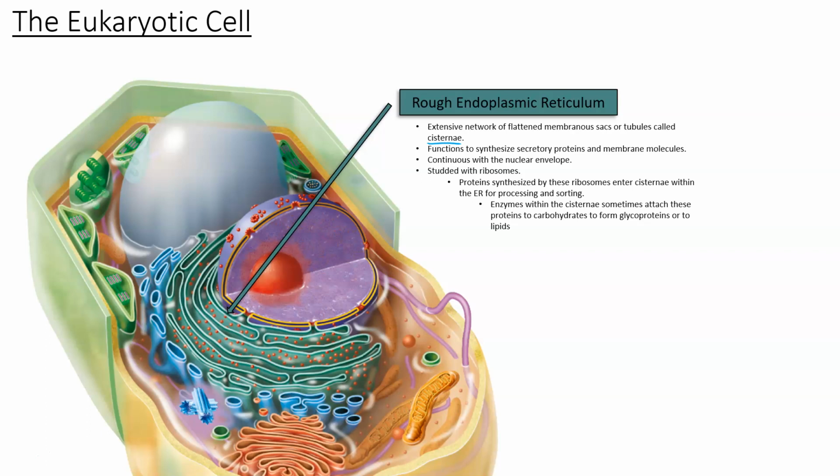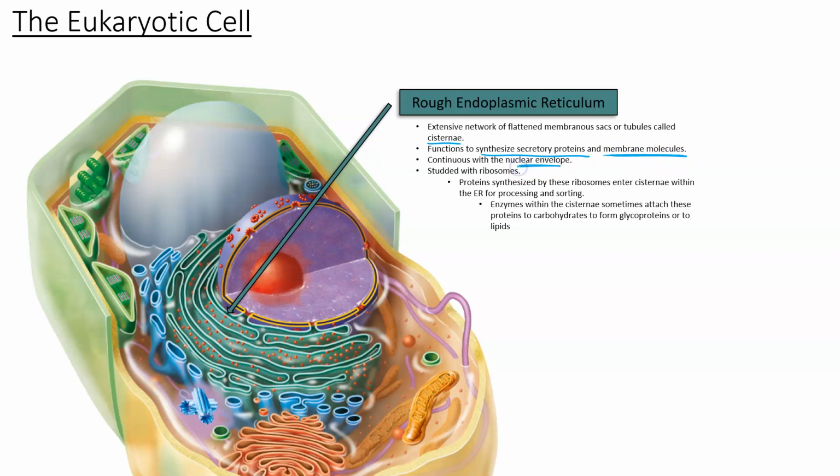We want to maximize surface area on our rough ER so that we have substantial area to attach our ribosomes to, because those are essentially the little protein producing factories, the protein producing machines that are pumping out proteins that we are sending to the Golgi in order to export as a secretory function. Okay, so it functions to secrete proteins and other membrane molecules.